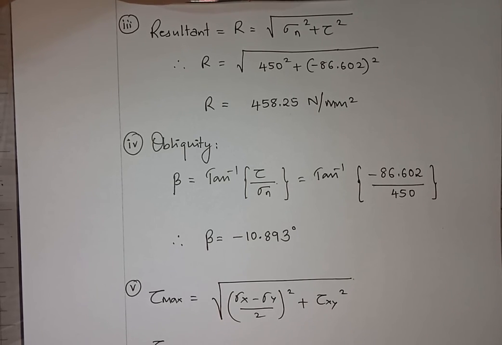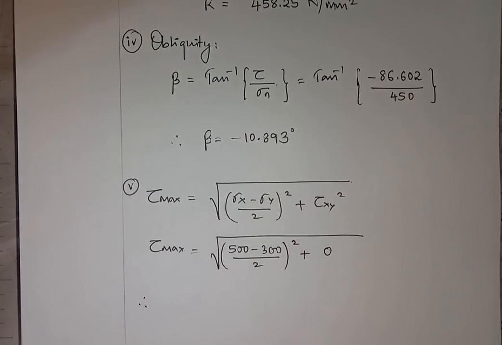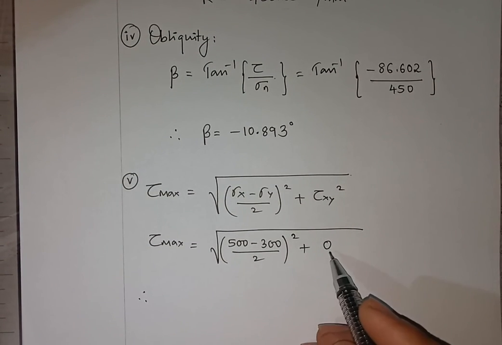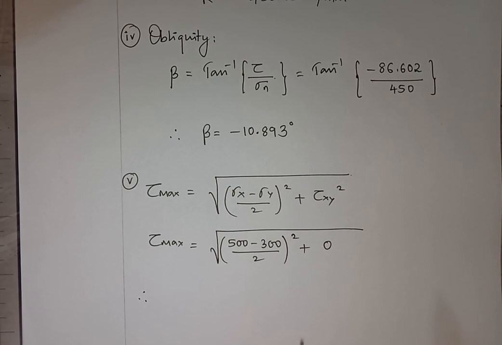If I just calculate this, sigma x value is 500 minus sigma y value is 300, divided by 2, the whole square, plus the tau xy term, which is missing in the problem, so its value is 0. Therefore I have taken tau xy as 0.